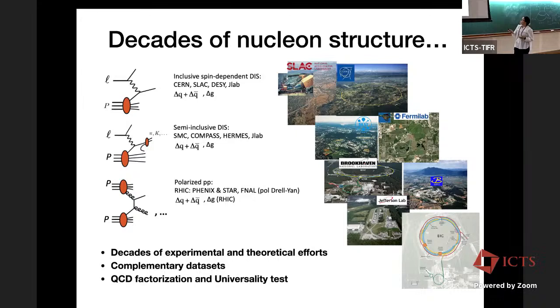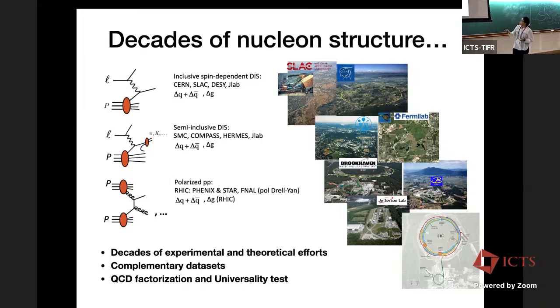And for that, we have not only the inelastic scattering that we have discussed a lot throughout the lectures of the last couple of days, but also other processes like semi-inclusive and hadron collisions, like pp collision or Drell-Yan process. All of these together come in as complementary data sets that enhance the knowledge of the structure of the nucleon.